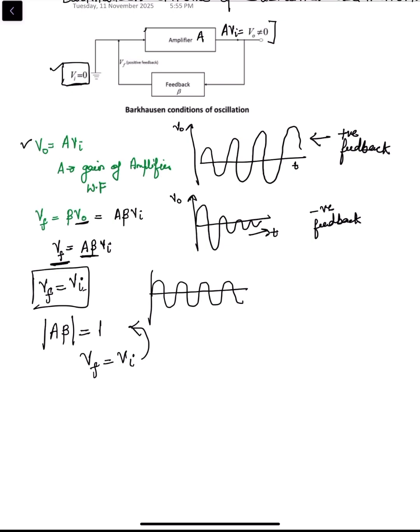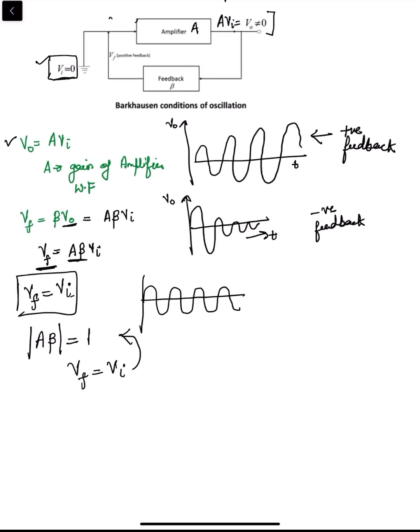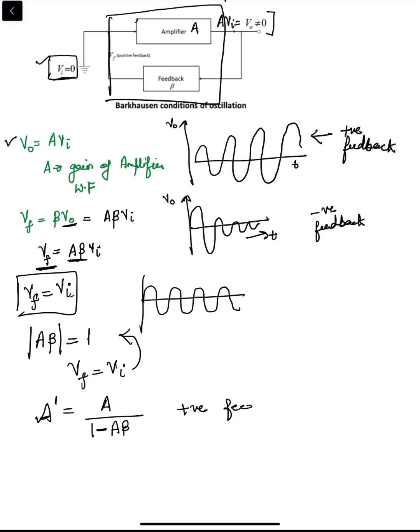Now we know that the gain of the overall transistor with feedback, which we denote by A prime, is equal to A over 1 minus A beta. This I am talking about for the positive feedback circuit. So if A beta is equal to 1, what will we get? A prime will be A over 1 minus 1, which is equal to A over 0, that is infinity. So the gain of this transistor with positive feedback is infinity.